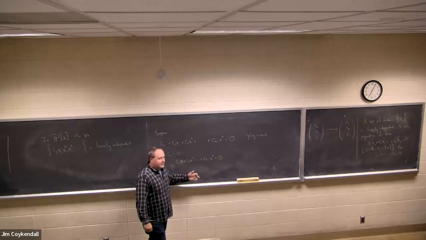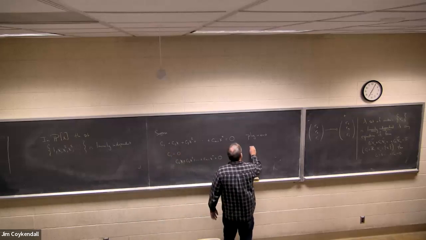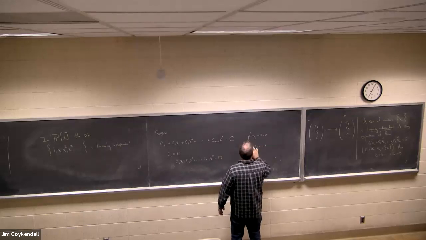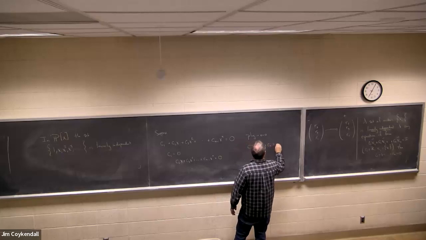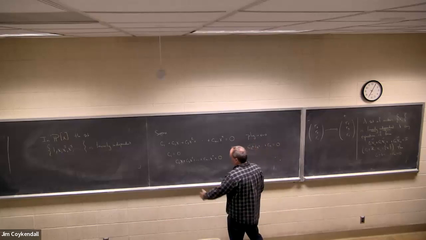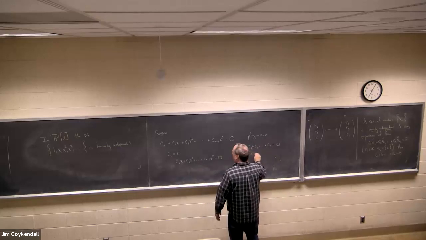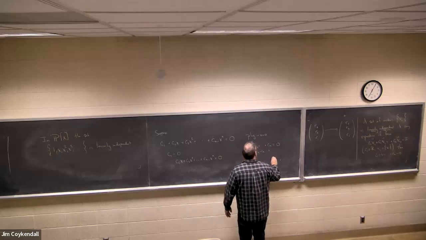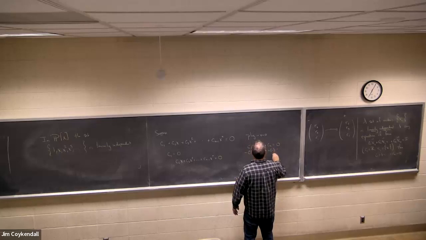You plug in 1, and you now get c1 plus c2 plus c3. You can plug in 2, or you can plug in minus 1: c0 minus c1 plus c2 minus c3, plus minus 1 to the n, c_n, equals 0.